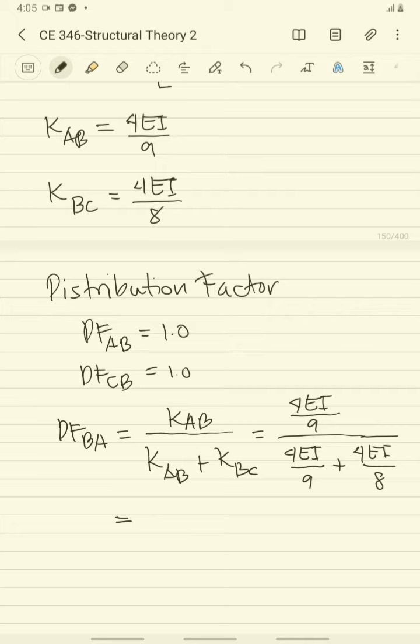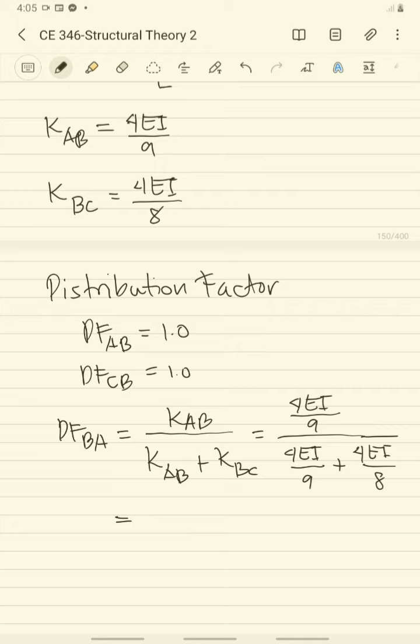So you have 4 over 9 divided by 4 over 9 plus 4 over 8.